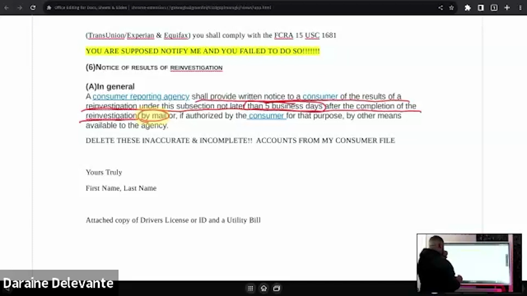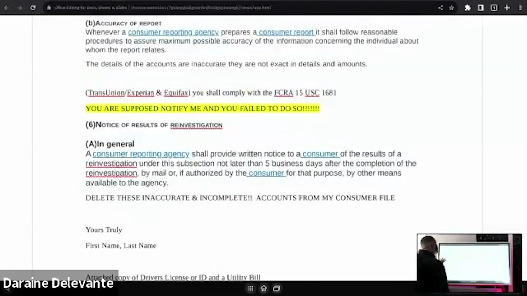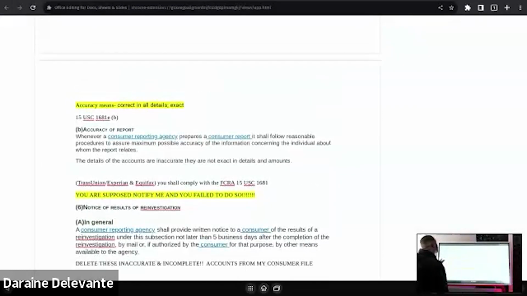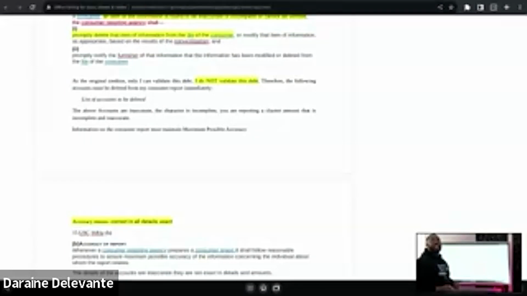So now we're asking them to delete the inaccurate and incomplete accounts from the consumer file. So what you're doing here, you're setting up this reinvestigation letter now for a part 2. If they come back with some BS, you have now set them up so you can effectively deploy a round 2 letter.